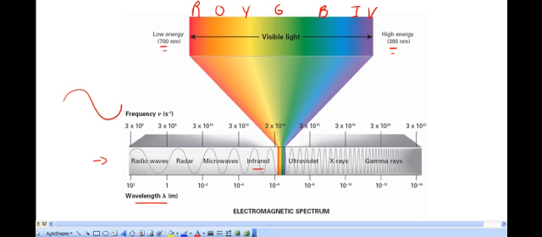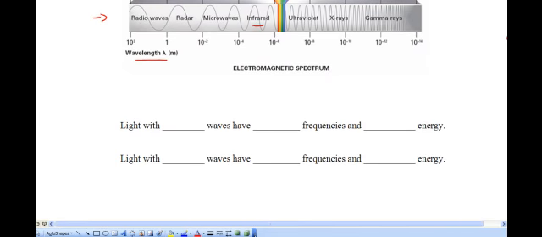Alright? Now, what you'll also need to know, again, is that light with long waves have low frequencies and low energy. Light with short waves have high frequencies and high energy.